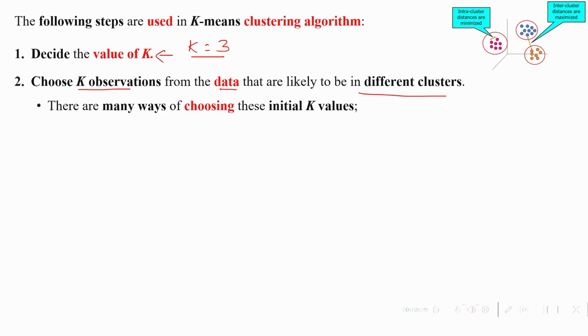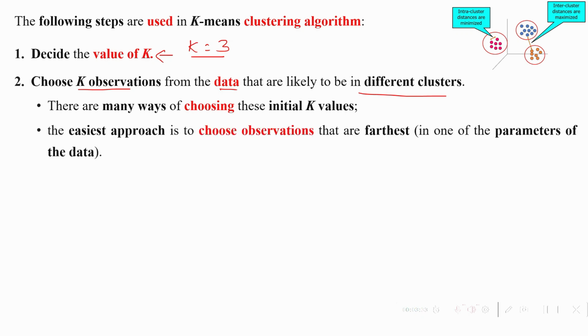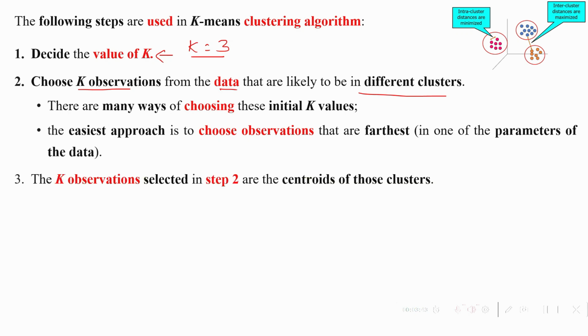There are many ways of choosing these initial k values. The easiest approach is to choose the observations that are farthest apart. The k observations selected in step 2 are the centroids of those clusters.